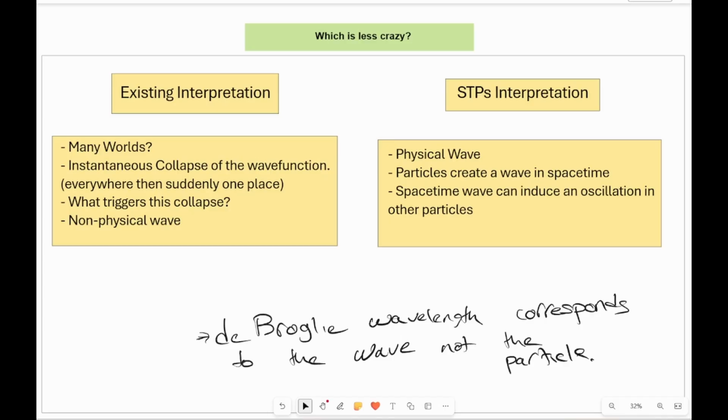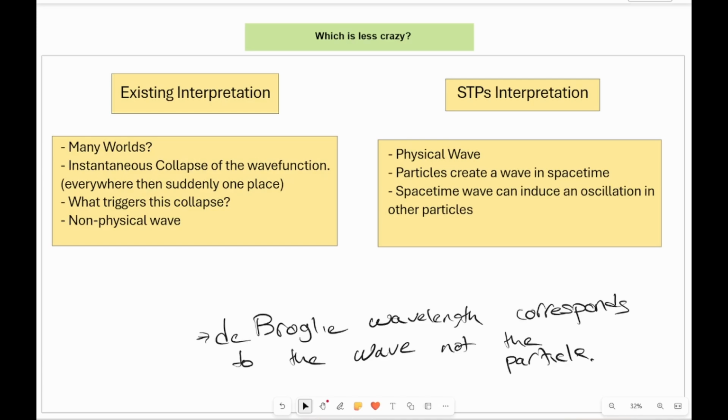But the big question though is what is less crazy? They're both kind of hard to stomach at this point. With our existing interpretations, we have many worlds, which seems pretty outlandish. We have instantaneous collapses of the wave function. So we have a particle that's spread out evenly through space-time, and then suddenly it's in one place.